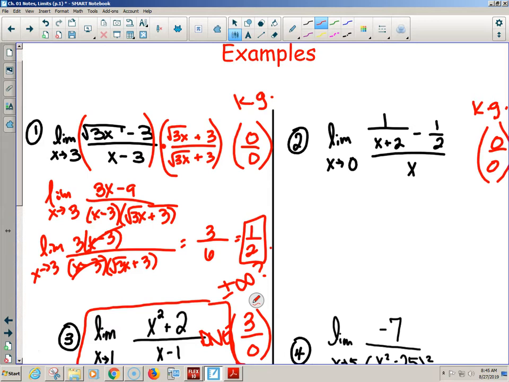Are we okay? Foiling the top, keeping the bottom, factoring the top by pulling out a 3. Then I have common factors that I can reduce. And then I plug in: 3 over square root of 9 plus 3 is 3 over 6. And 3 over 6 is 1/2.